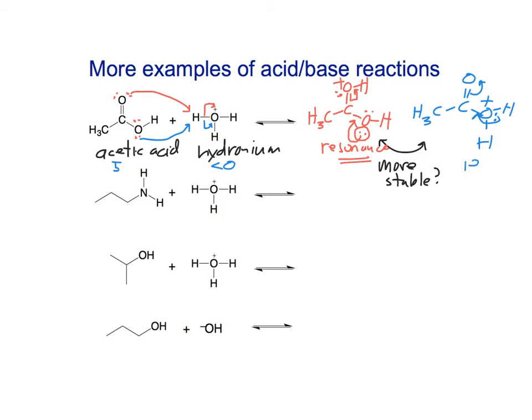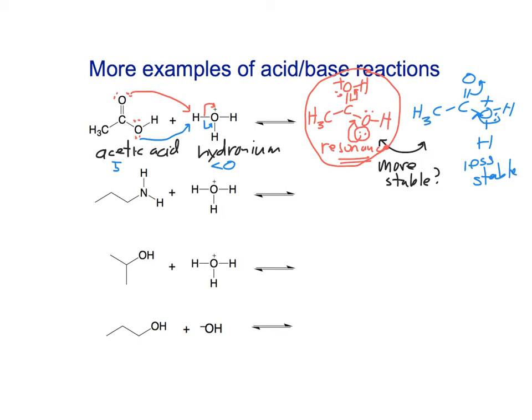So this is less stable. The red one here is going to be the one that's formed predominantly. So when we have carboxylic acids like this, if they're going to be protonated, they'll protonate up on the oxygen that's part of the carbon-oxygen double bond.